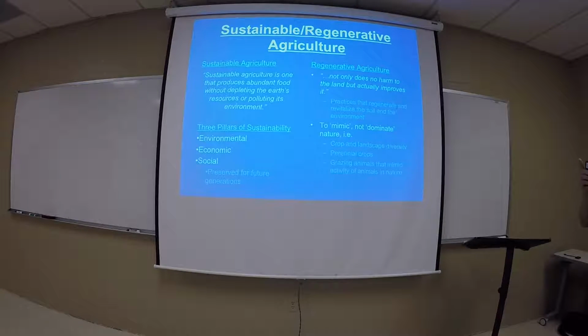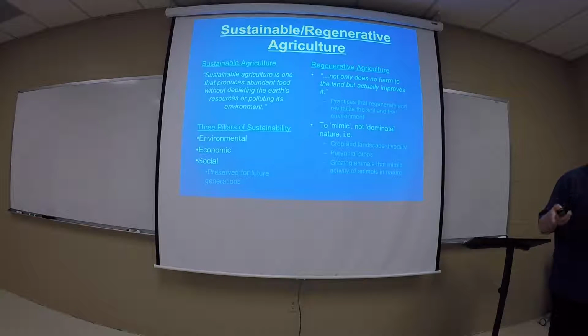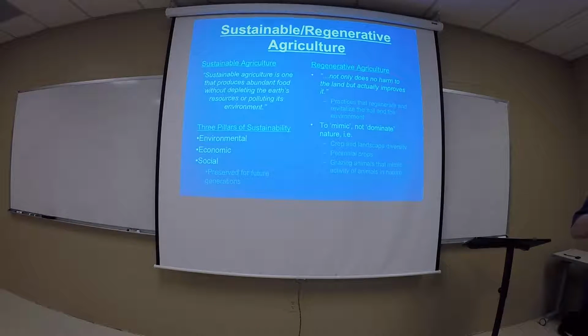There are a lot of definitions out there, but one of the more simple ones that I've found is sustainable agriculture is one that produces abundant food without depleting the Earth's resources or polluting its environment. And oftentimes when we talk about sustainable agriculture, they'll mention the three pillars: environmental sustainability, economic sustainability, and social sustainability.